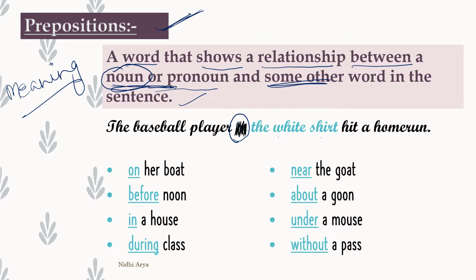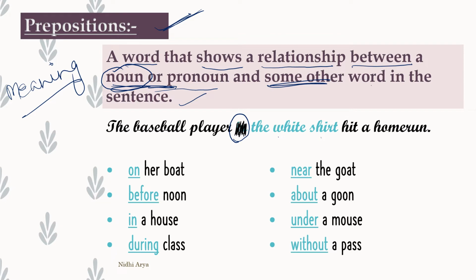The baseball player, the white shirt, hit a home run. We are not able to make out what the sentence means. हमें पता नहीं चल पा रहा है कि sentence में कह क्या रहा है कि the baseball player, the white shirt, hit a home run. Who hit the home run? The baseball player or the white shirt?